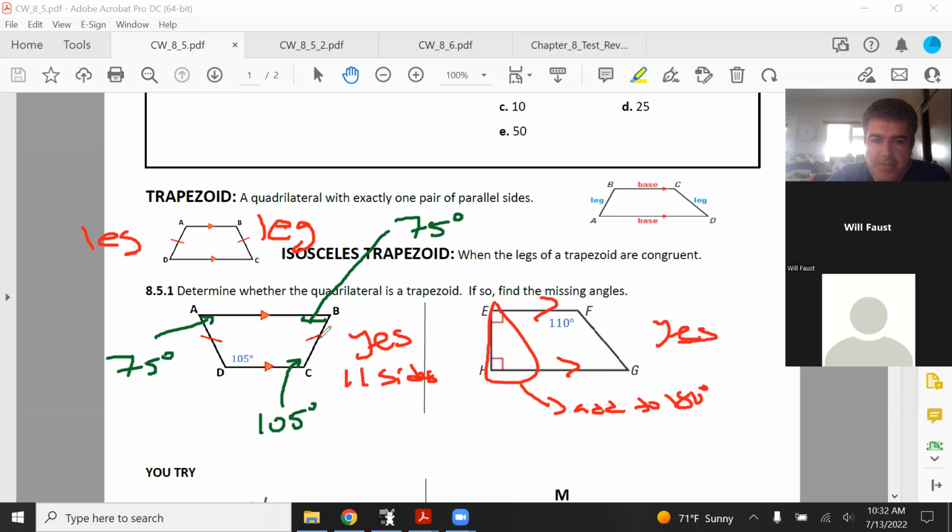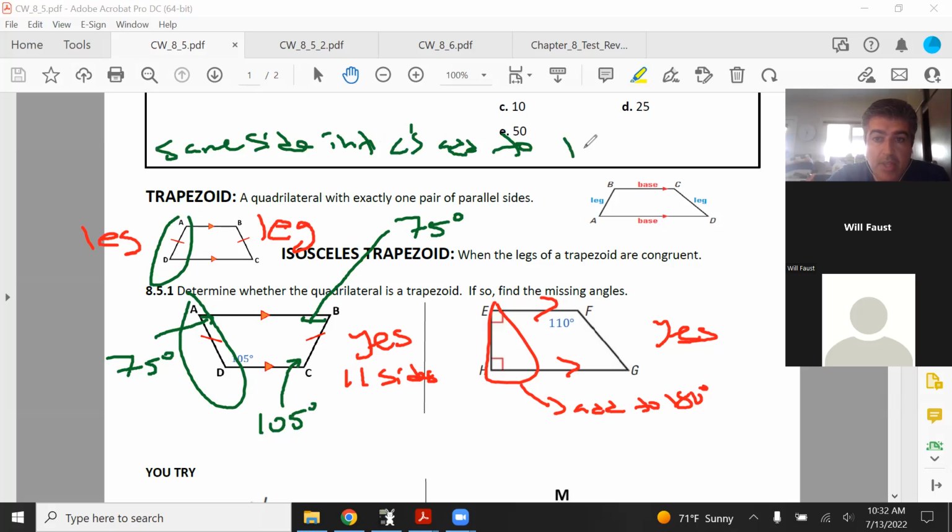Now remember, with isosceles, you're going to have the base angles being the same, and these always have to add to 180, right? Because they're same side interior angles. So it's an extension of what we've done when we did parallel lines in the previous unit.